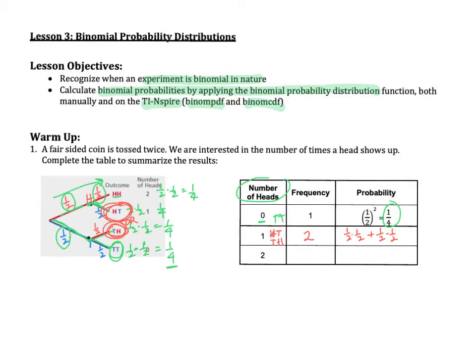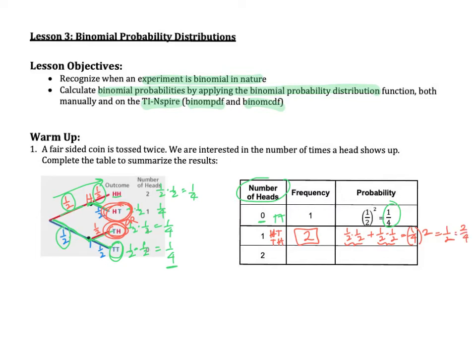I'm either getting heads first and then tails, or I'm getting tails first and then heads. So I have 1/2 times 1/2 plus 1/2 times 1/2, or 1/4 twice, hence the frequency here, right? So my probability of getting 1 head when I flip a coin twice is 1/2, or I could have kept that as 2/4.